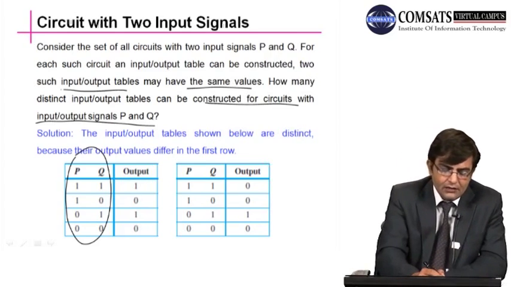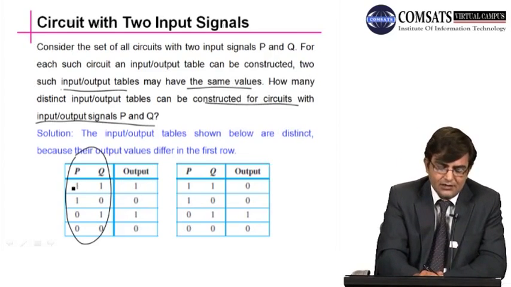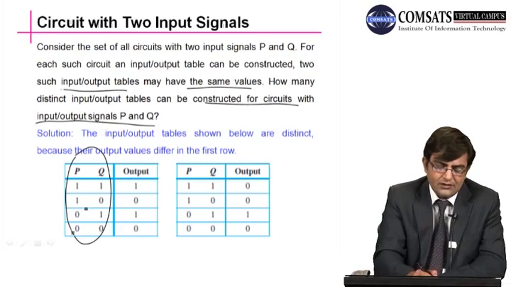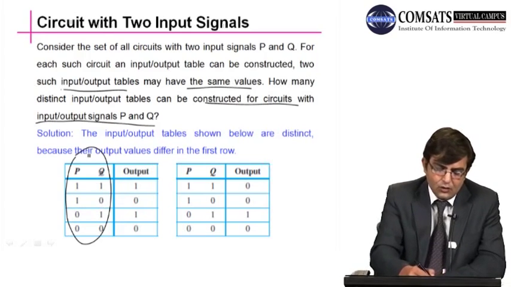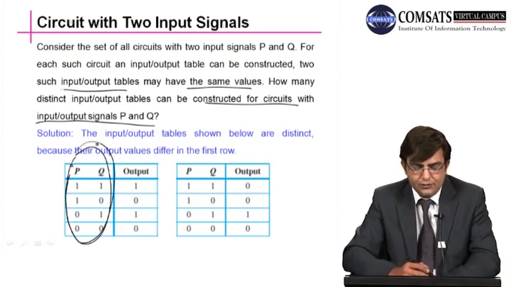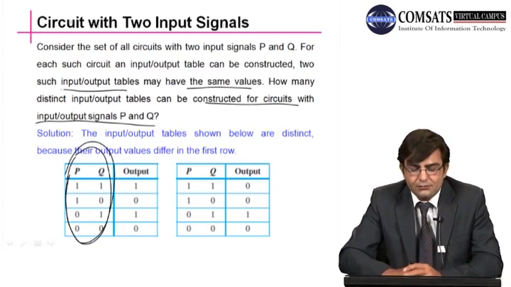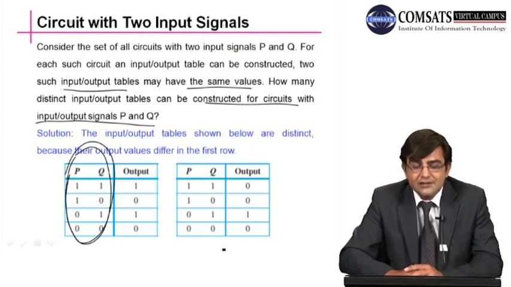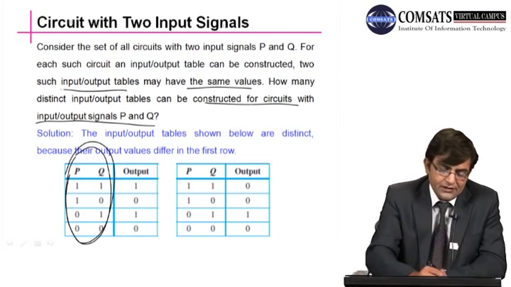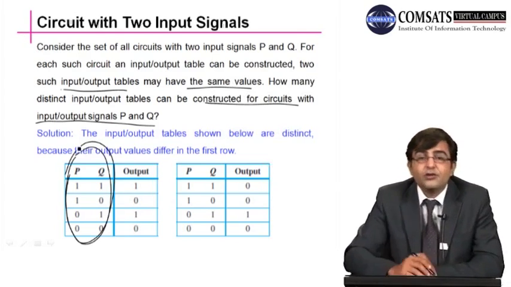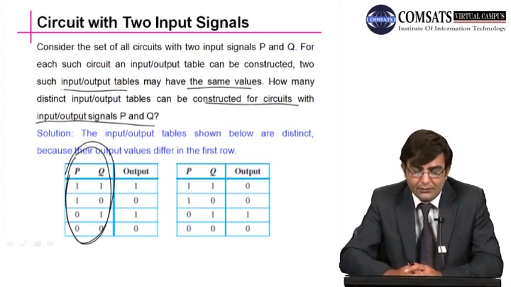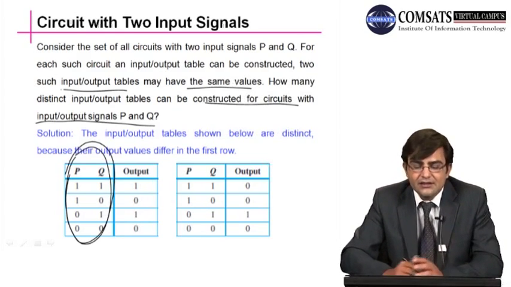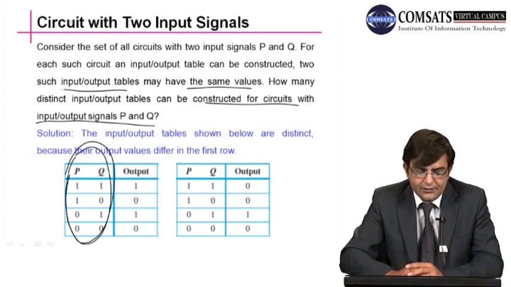We can write P as 1, 1, 0, 0 and Q as 1, 0, 1, 0. These are the only possibilities for the input signals, but the output may be different, because the input is the same in all input-output tables, but the output may differ in these truth tables.